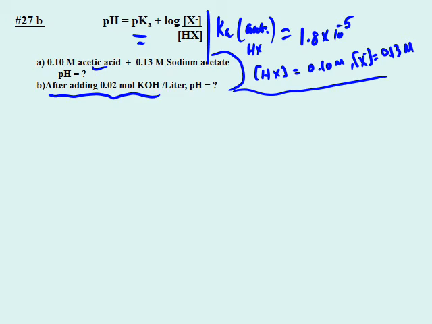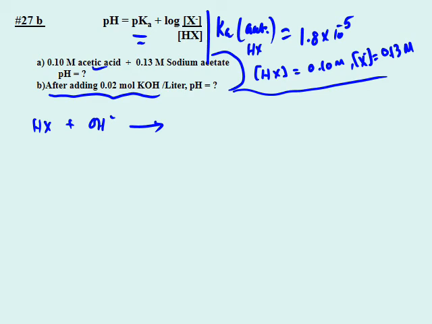Now let me show you first the reaction between potassium hydroxide and acetic acid. We're going to write down symbolically HX for acetic acid. So let's write down the reaction. HX plus OH minus, that gives, now OH minus is coming from potassium hydroxide. Again, potassium gets separated from 0.02 KOH, we do get 0.02 OH minus.